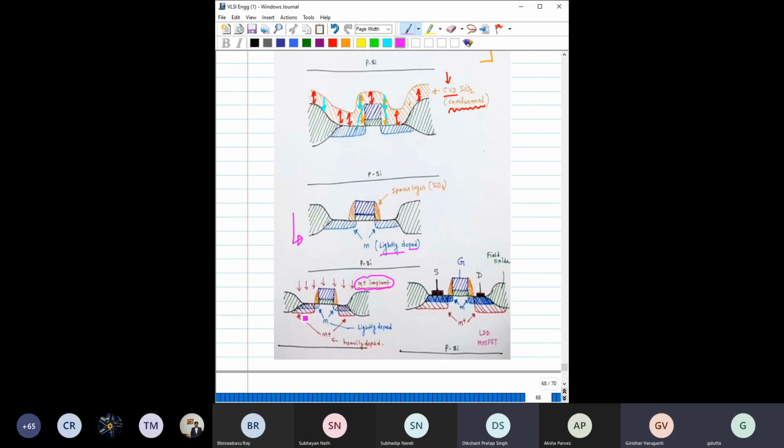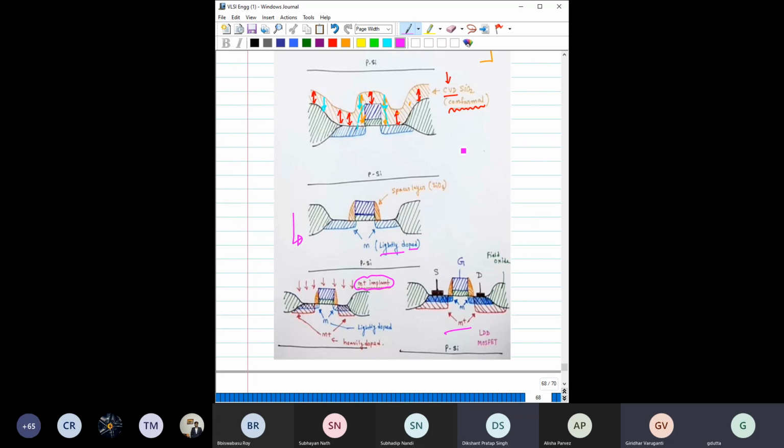This region would become heavily doped, which is N plus, and this region, which was earlier lightly doped, would remain lightly doped here. So you have this region lightly doped and this region heavily doped. This is exactly the MOSFET with LDD structure.